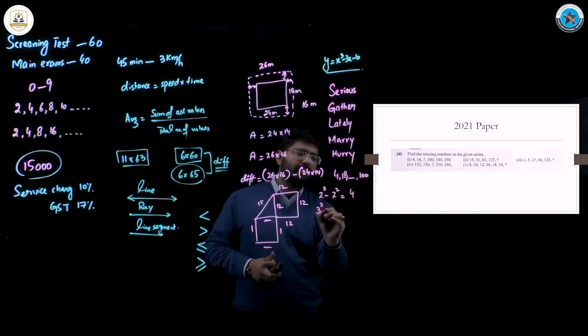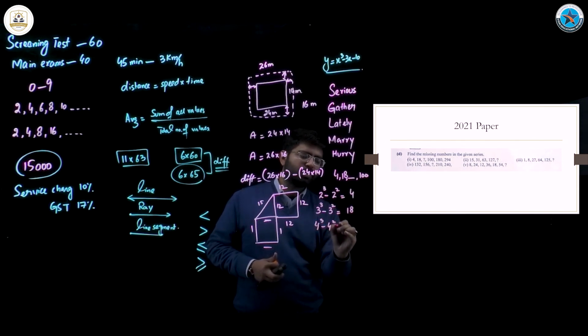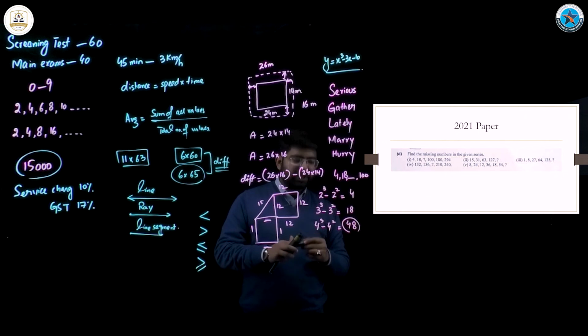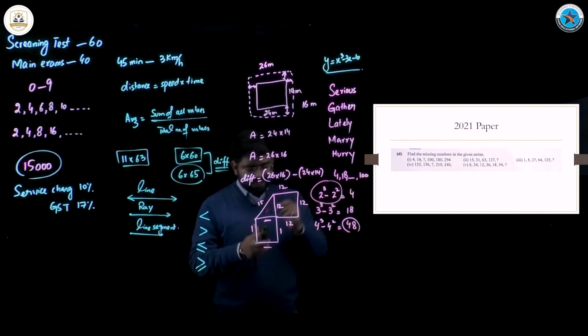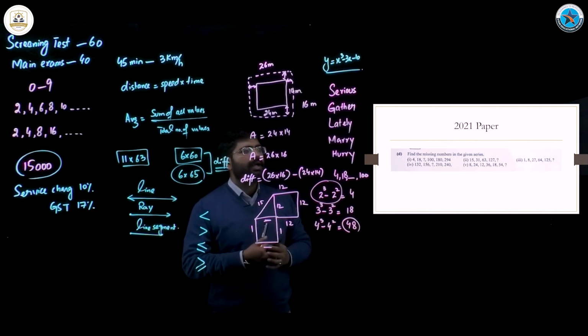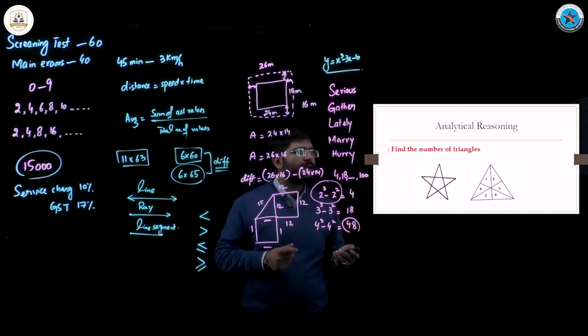Then 3 cube minus 3 square is equal to 18. Similarly, 4 cube minus 4 square would be 48. So this would be your answer. You have to find these logics. That is why such types of questions are called logical reasoning questions.